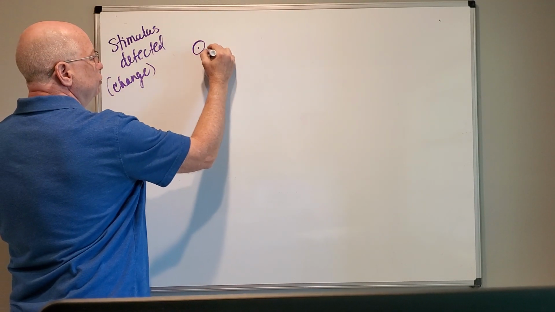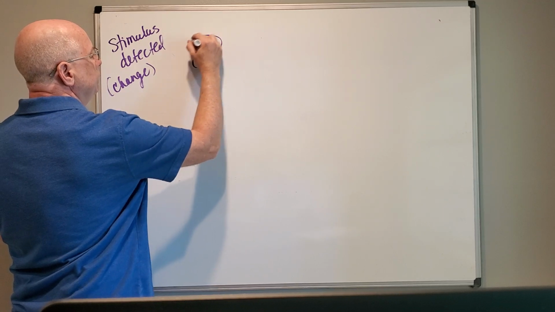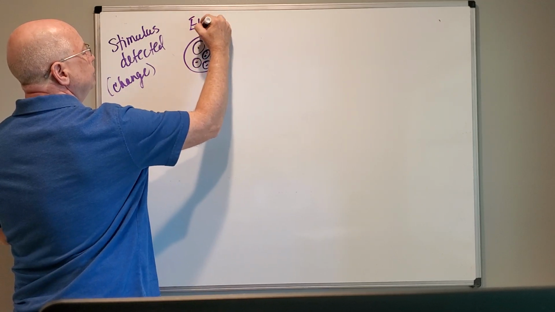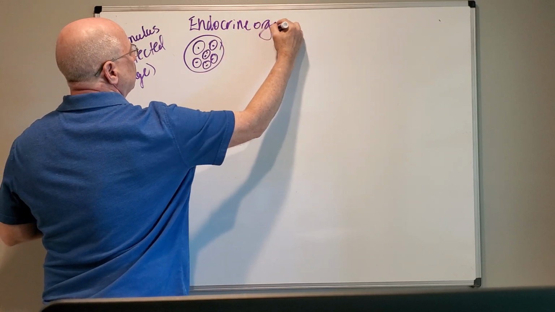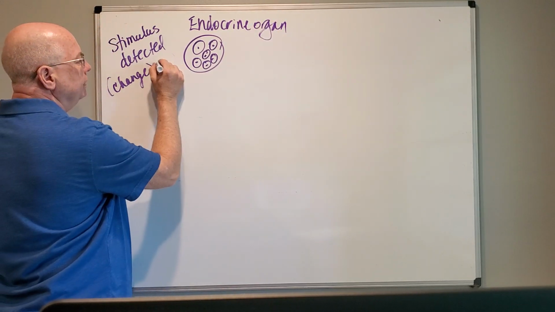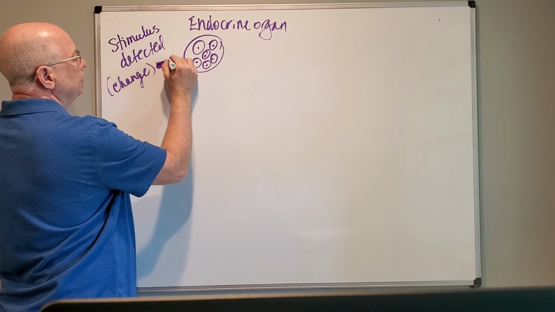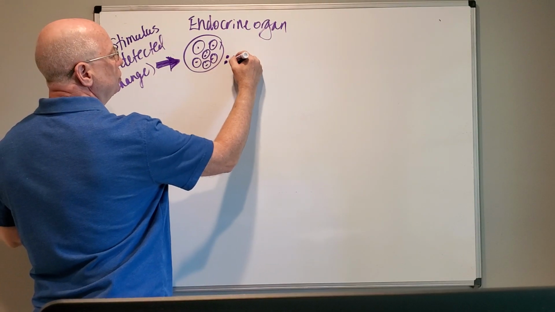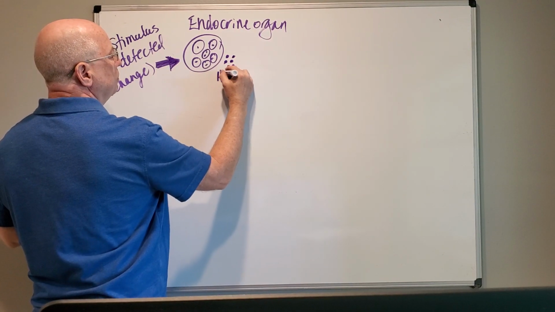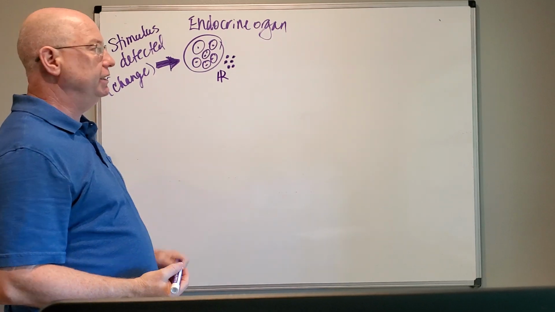Somewhere in the body there's a group of cells, usually bundled together, and these would be considered what we call an endocrine organ. Okay? When these cells detect that change, they can release a substance called a hormone. Again, that's my abbreviation for hormone. It's an H and an R stuck together.